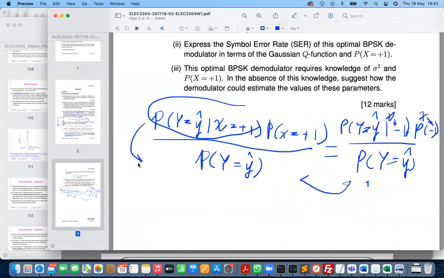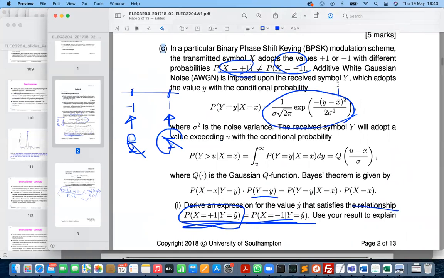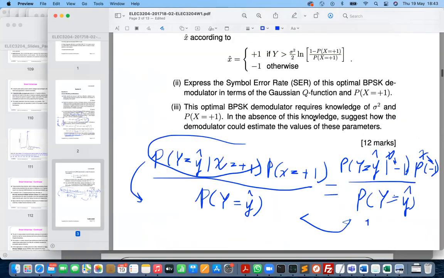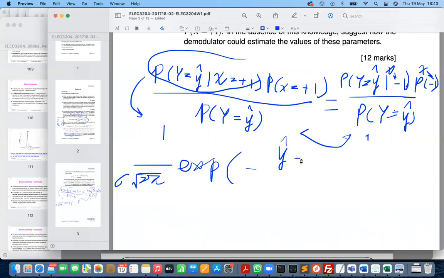So this probability, if you put X equals +1 in this equation, then you get 1 over sigma square root of 2 pi, exp minus y hat square divided by 2 sigma square.